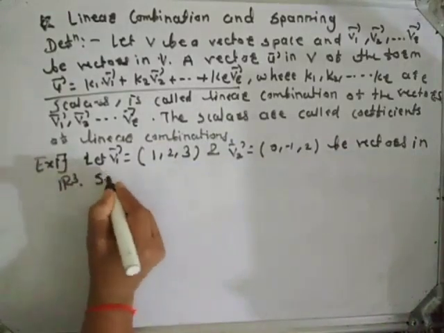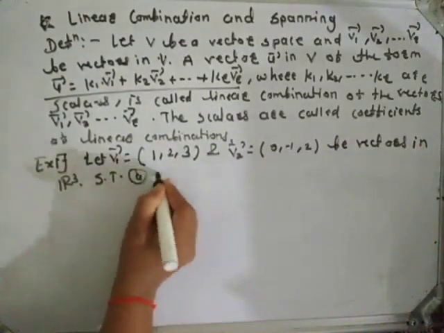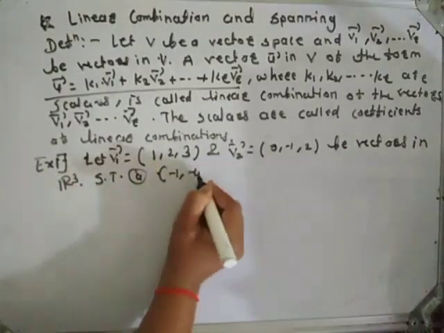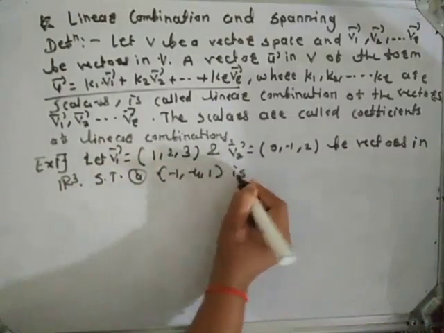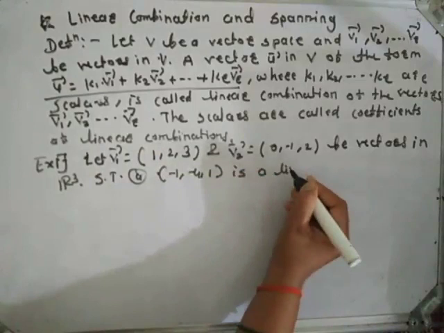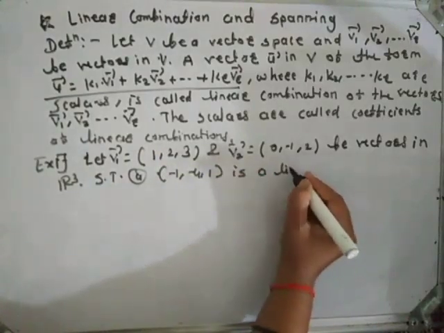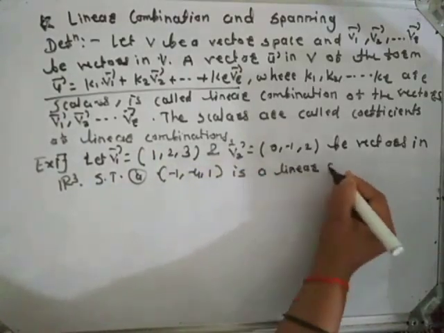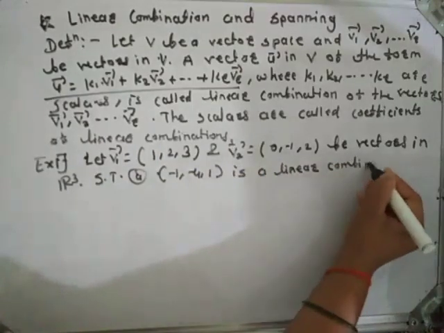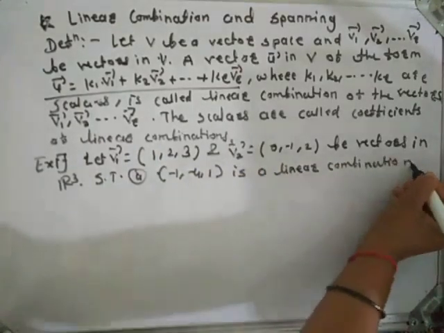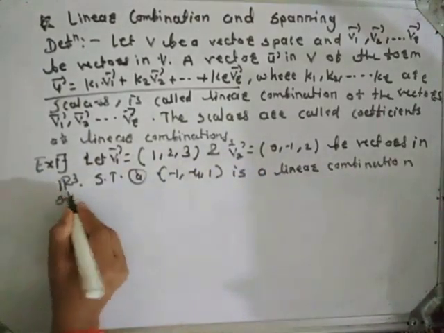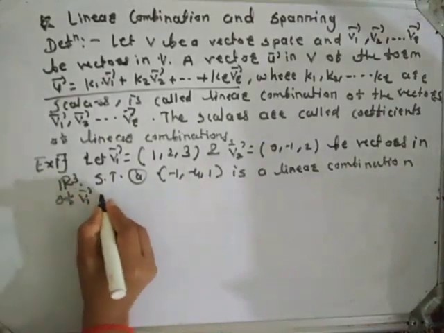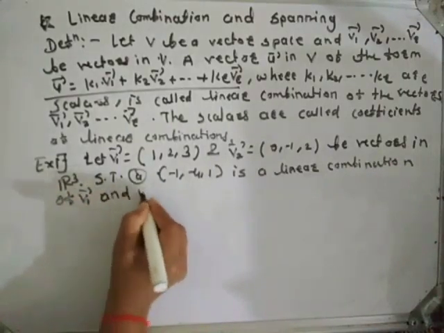Show that A, the vector -1, -4, 1 is a linear combination of V1 bar and V2 bar.